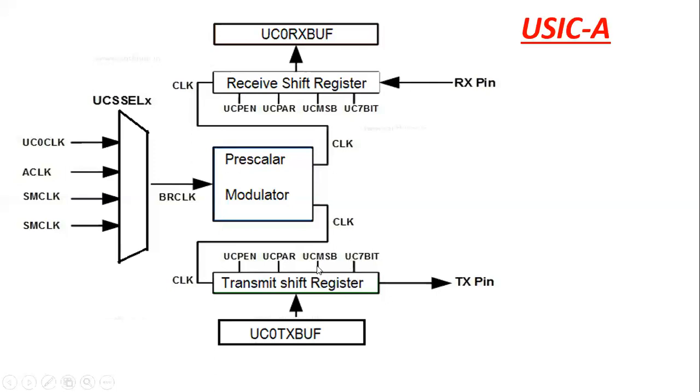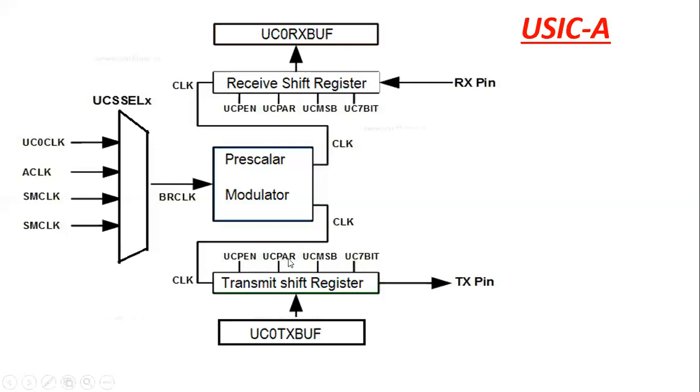And similarly here the MSB bit. So whether you are transmitting the MSB first or the LSB first will be selected by using UCMSB. And here PAR, that means parity. Parity either even or odd will be selected.